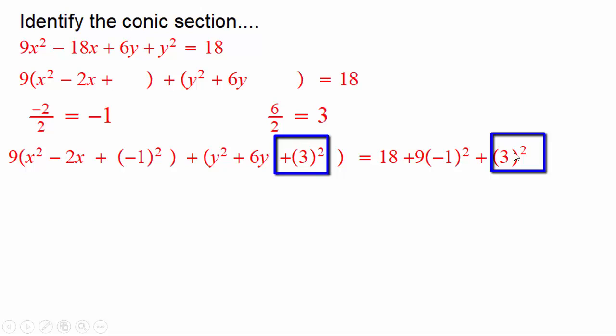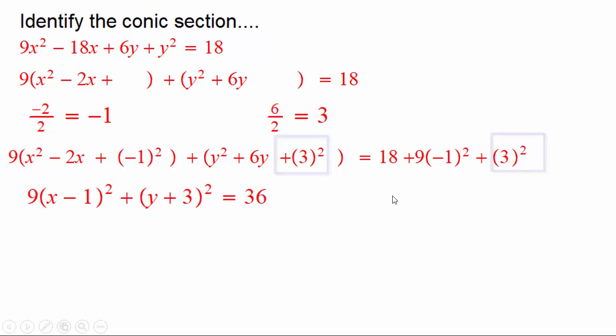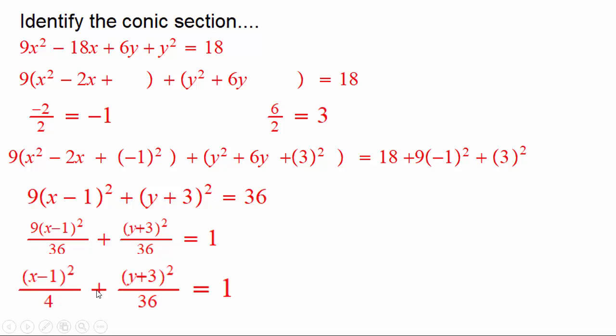So if you simplify that, we'll get 18 plus 18, because 9 and 9 is 18, plus 18, 36. To get it in standard form, divide everything by 36. So now reduce that, will give you (x minus 1) squared over 4 plus (y plus 3) squared over 36.